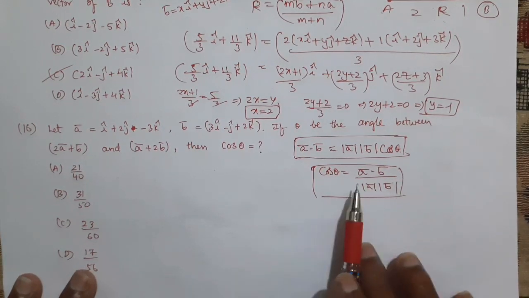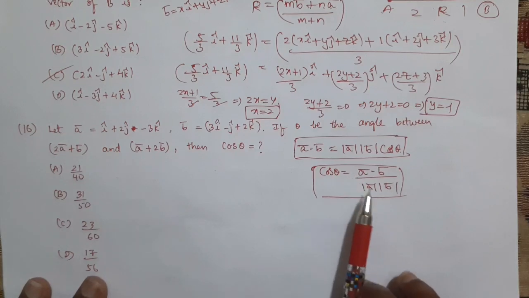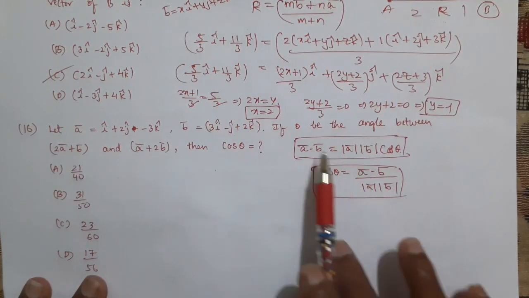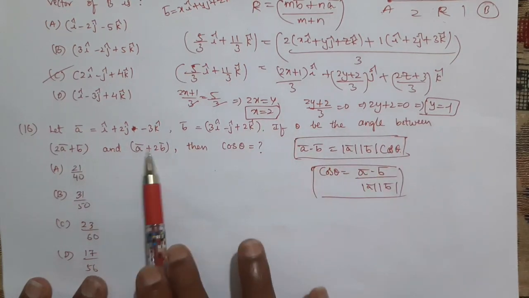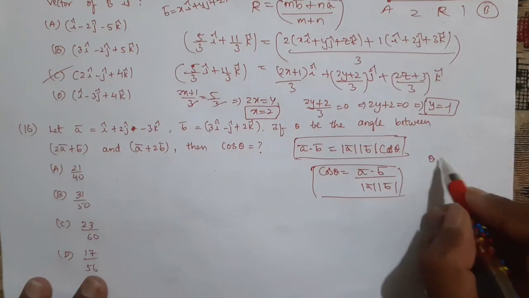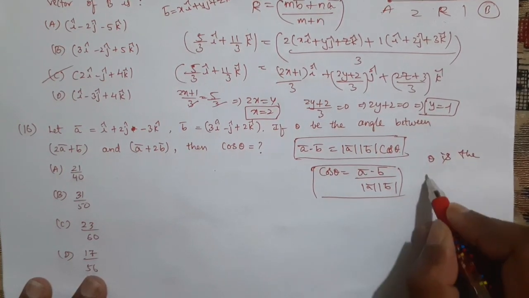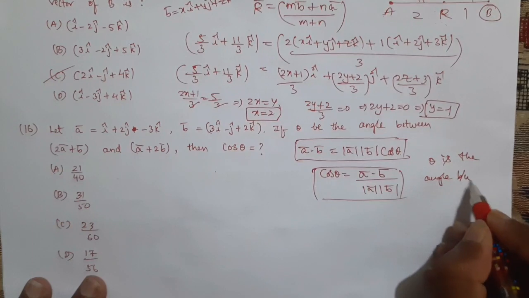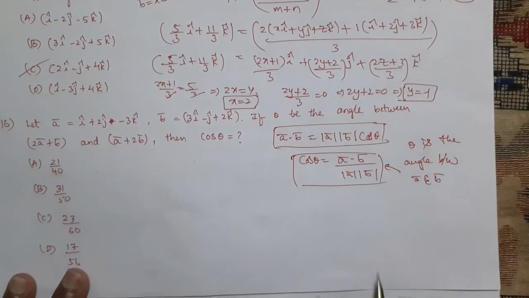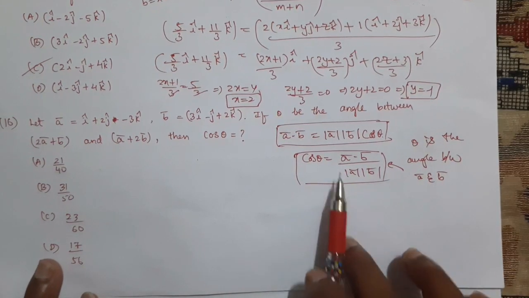Now in this question, instead of asking the angle between a bar and b bar, they are asking if theta be the angle between these two. If theta is the angle between a bar and b bar, then this is the formula.